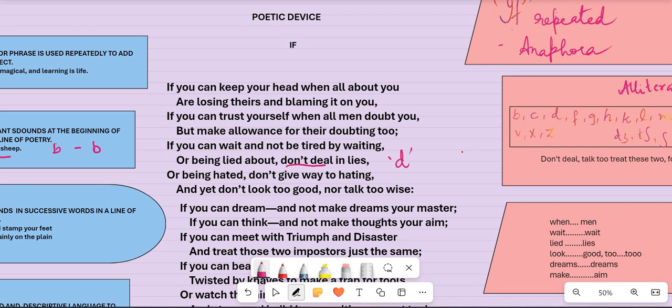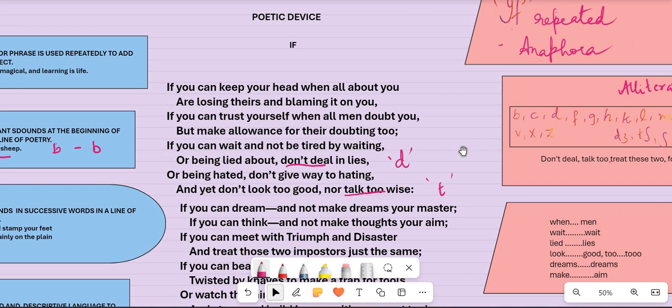Good. Now, what is the next example that you can find here? Talk to, right? Talk and to. Which is the sound repeated here? The T sound is repeated. Talk to.